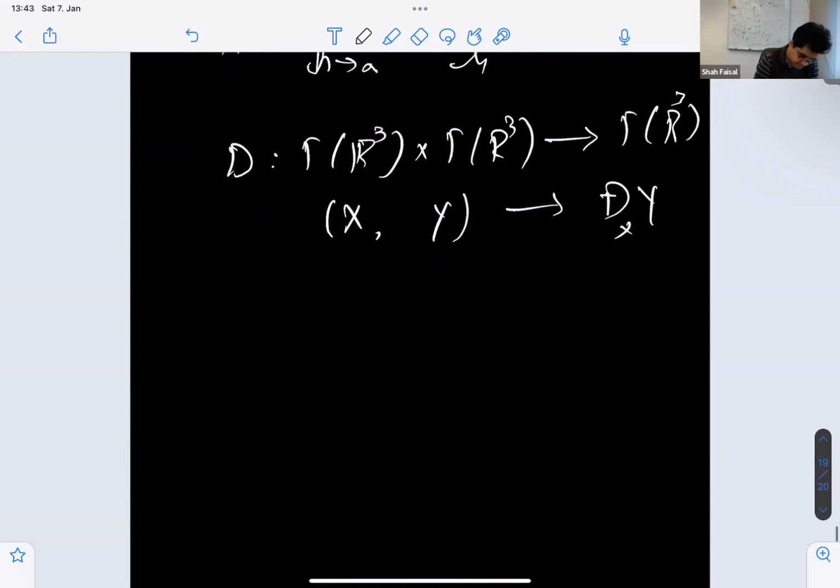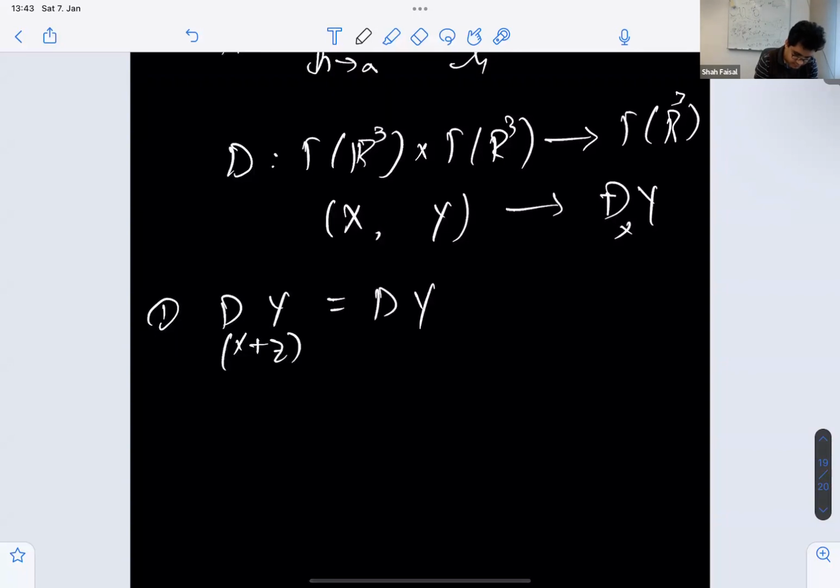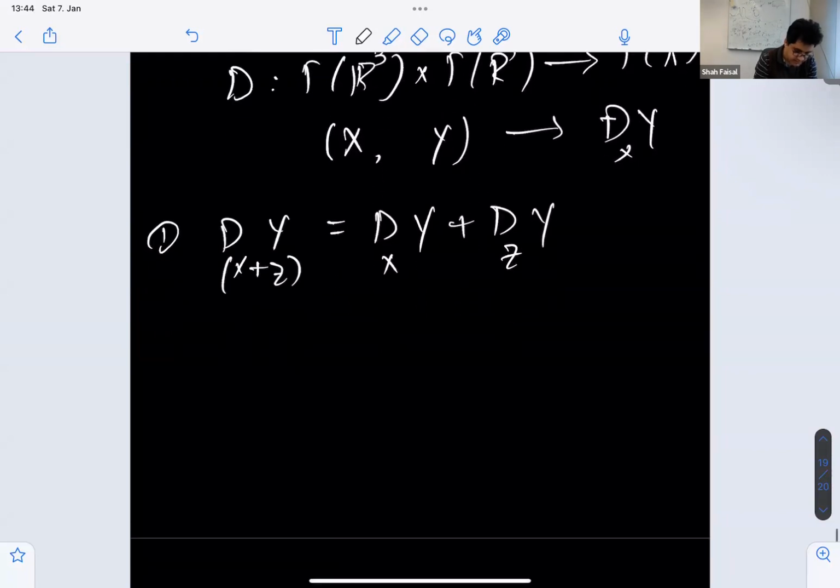Well, the first condition is that it's linear with respect to the first argument. If you have two other vector fields, X and Z, you add them and differentiate Y with respect to the addition, you get the derivative of Y with respect to X, plus the derivative of Y with respect to Z. That's the linearity.